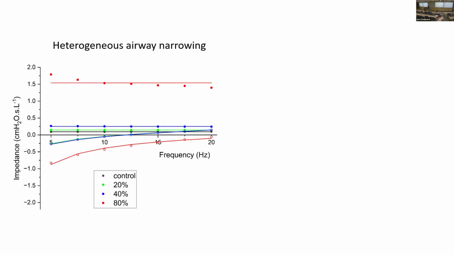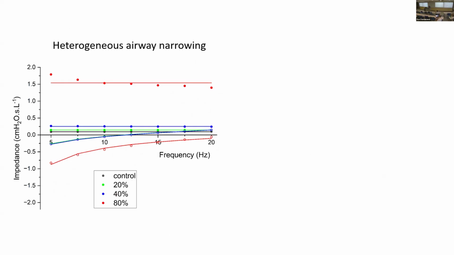So what I did with this model, I did a Monte Carlo simulation where I would randomly start out with a baseline configuration that I just described, and then I would randomly narrow every single airway by a factor that in the green curves was up to 20% of its nominal relaxed volume.